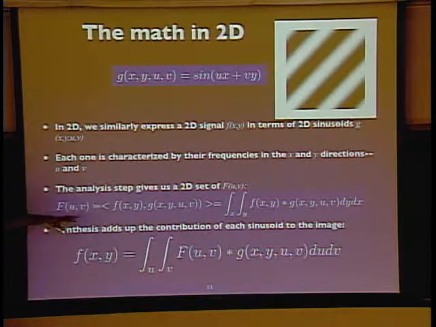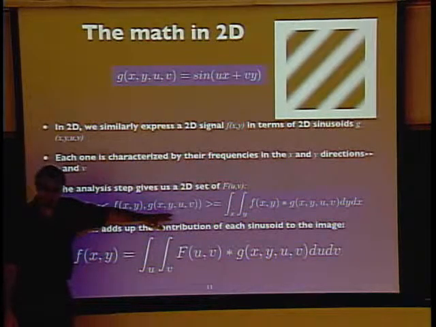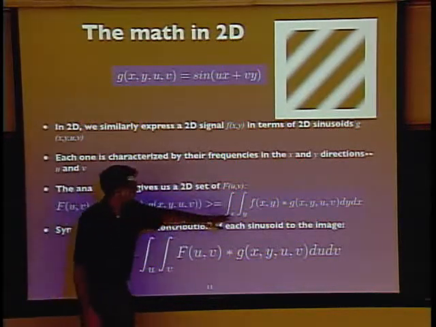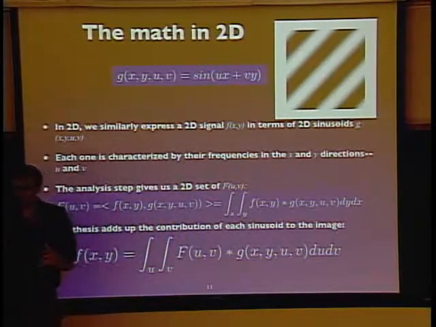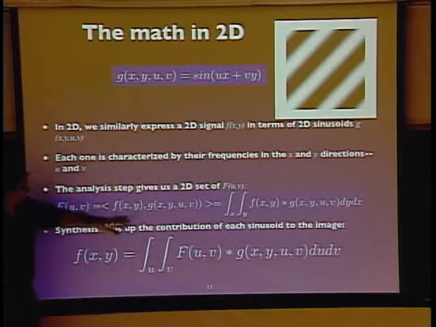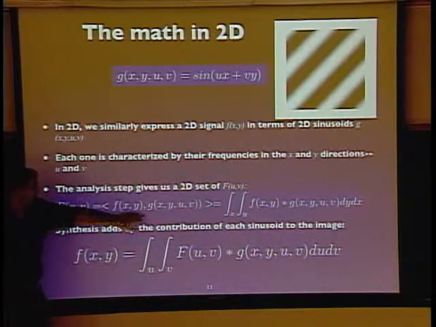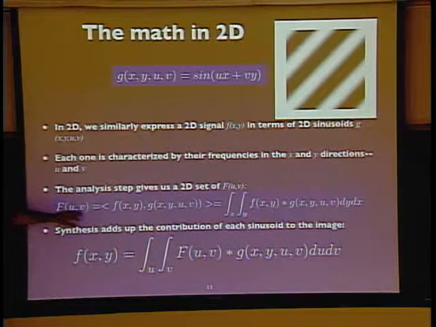So if you have imaging data and these two-dimensional sinusoidal functions, you basically do an inner product, which is just the same kind of summation of products of things but over two dimensions, and you just add them all up. So in other words, you take the inner product again of the imaging data and the basis, or the sinusoidal function. That gives you your coefficients big F. But now notice that each pair of frequencies, u and v, give you a coefficient f.